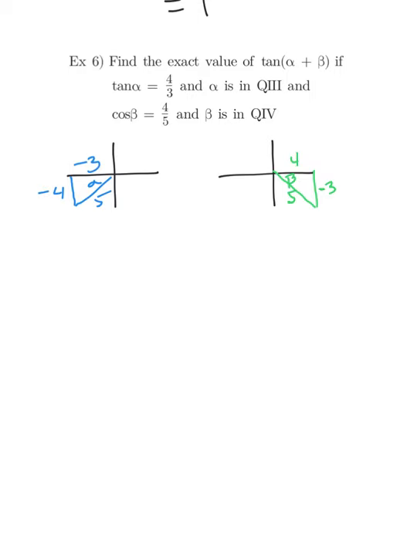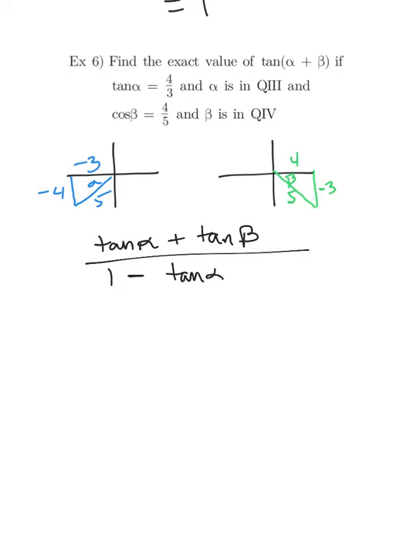We need to set up the formula that we need to use. This is a sum for tangent. So the formula is the tangent of alpha plus the tangent of beta over 1 minus tangent of alpha times tangent of beta. Now substitute the values for each of those functions.